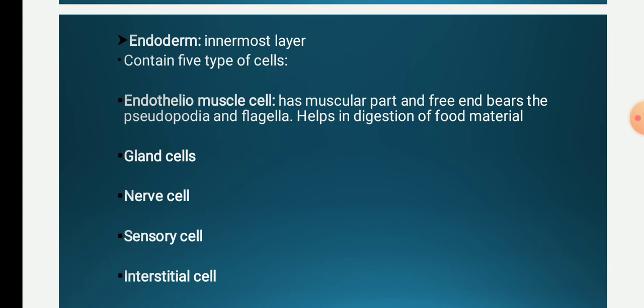Whereas epithelial muscle cell has an outer epithelial part and inner muscular part, similarly, in the endothelial muscle cell, the end nearer to the mesogloea bears the muscular part. And the other part, the free end, has the pseudopodia and the flagella.